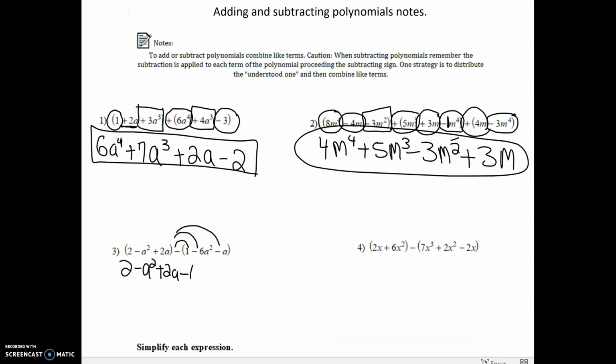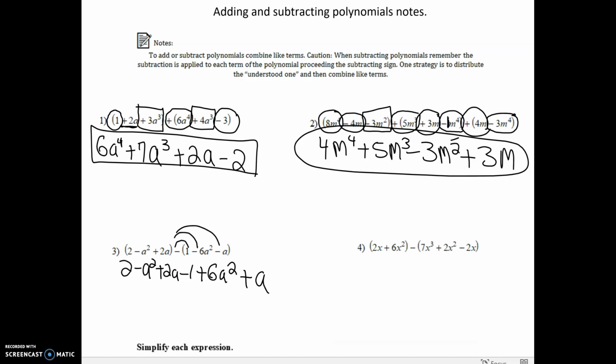And I'm going to distribute it to the second one. Remember, what's a negative? A negative would be a positive 6a squared. And then that last one would be a negative, and a negative a, which would make that a positive a.